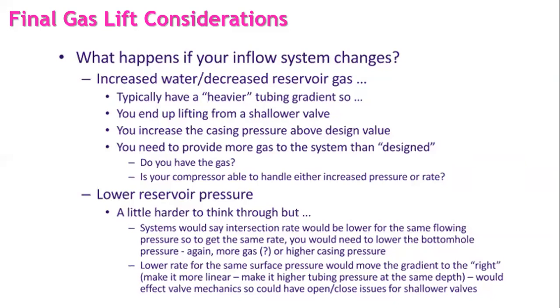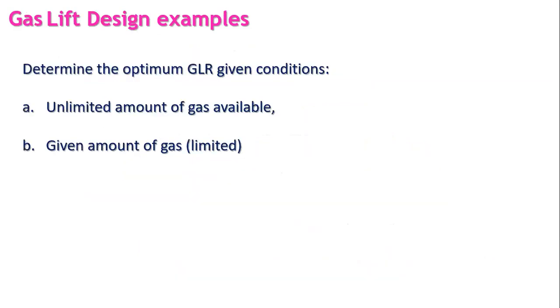So we are affecting the valve mechanics. So maybe we are closing or opening at conditions that we originally didn't define. So those are the operational issues after we are producing the well for quite some time.